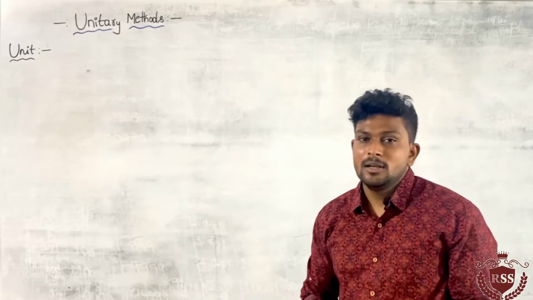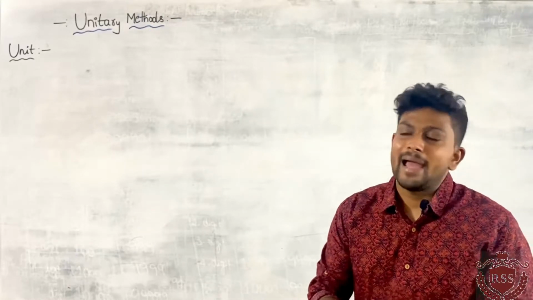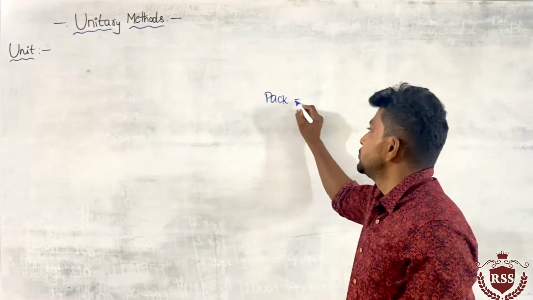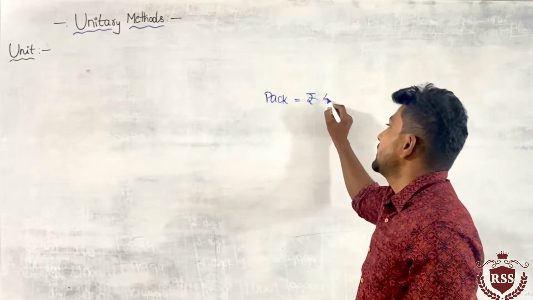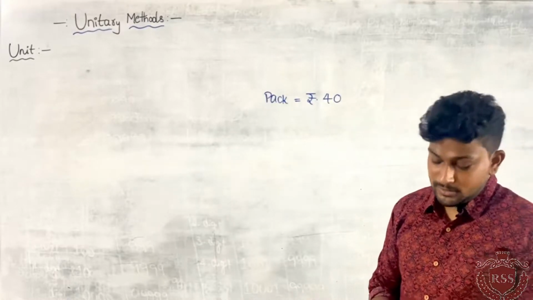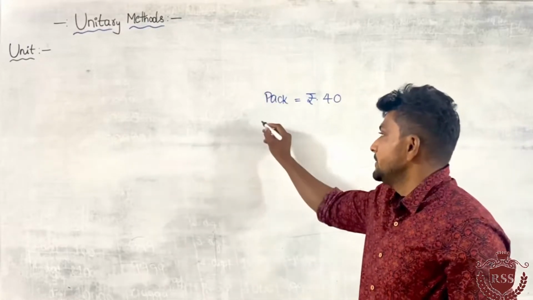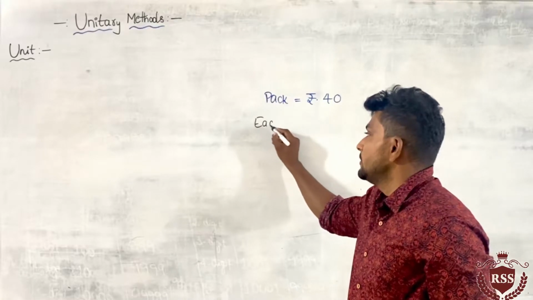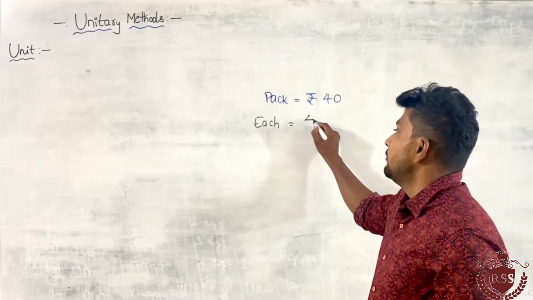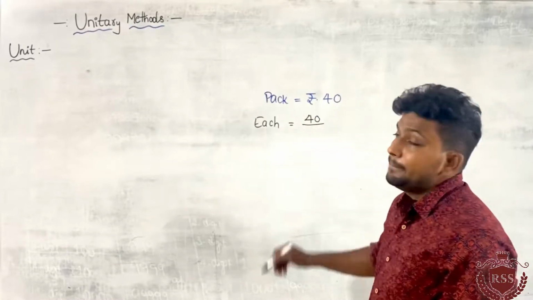They have said that the pack price of 5 chocolates is rupees 40. How many chocolates are there? 5 chocolates. Then what is the cost of each chocolate? The value of a packet divided by the number of units.